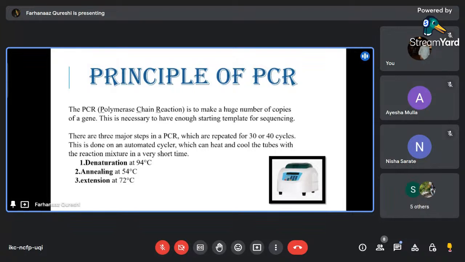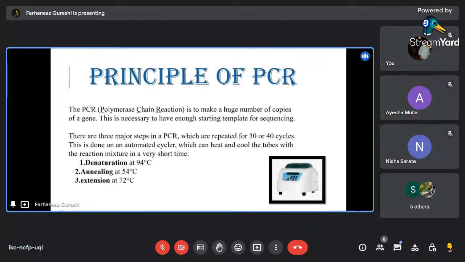annealing. The reaction temperature is lowered to 54 to 60 degrees Celsius for around 20 to 40 seconds. Here, the primers bind to their complementary sequences on the template DNA. Primers are single strand sequences of DNA or RNA around 20 to 30 bases long.